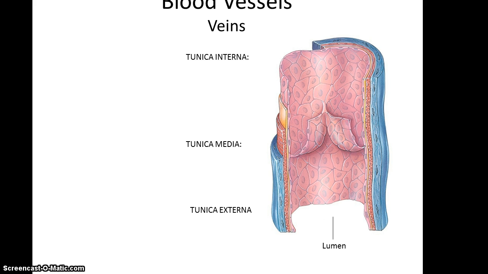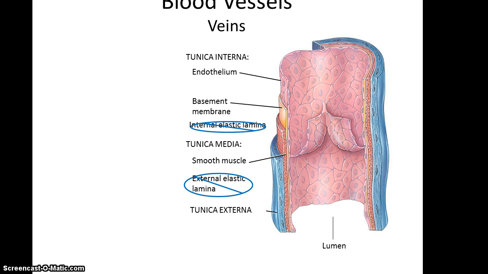All right, now let's talk about veins. Here is an image of a generic vein, and again, veins should have the tunica interna, the tunica media, and the tunica externa. In the tunica interna, exactly as we expect, you get the endothelial cells and the basement membrane. Oh, wait, I lied. It lacks the internal elastic lamina.